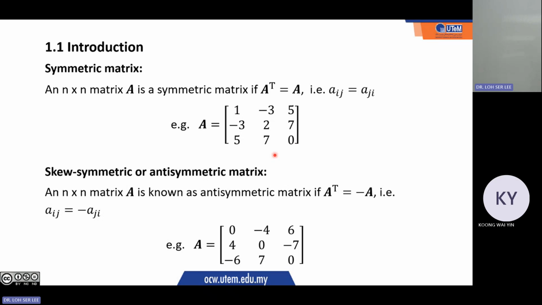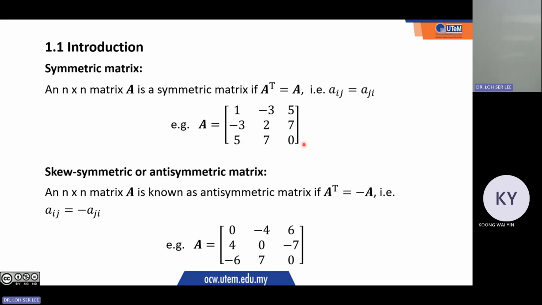Do you know what A transpose is? Transpose means rows change into columns. So you see this row, 1, -3, 5, is the same as this column 1, -3, 5. The second row, -3, 2, 7, is the same as this -3, 2, 7.